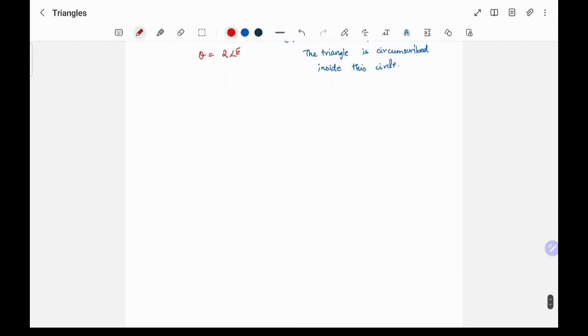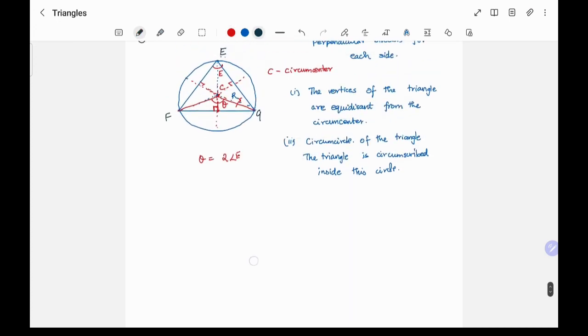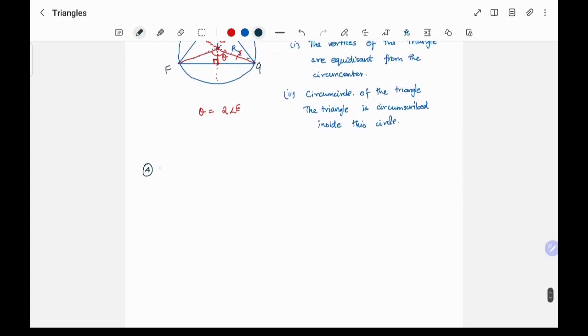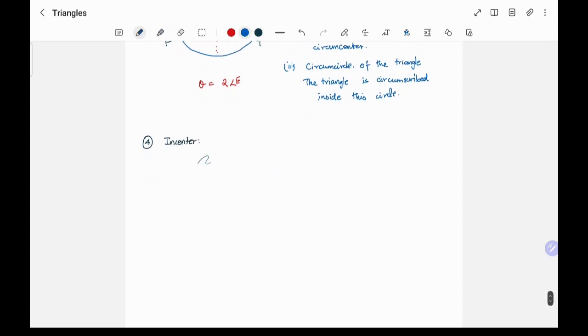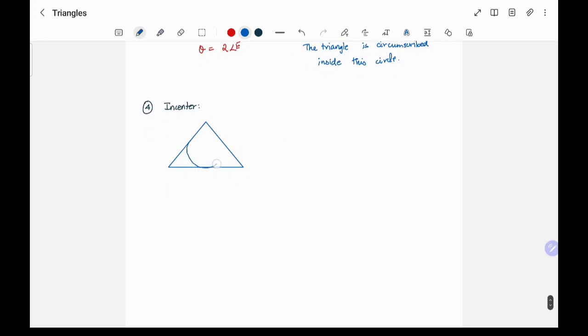Okay, so next we'll see about the incenter. So incenter is nothing but if we have a triangle, and if we have a circle inscribed inside the triangle, then the center of the circle is called the incenter.